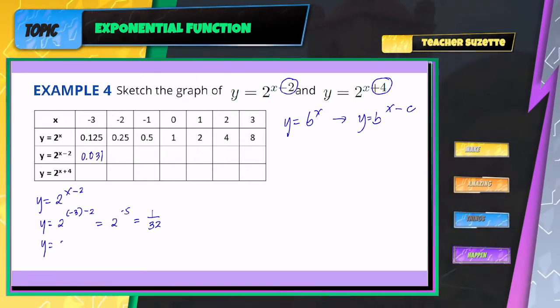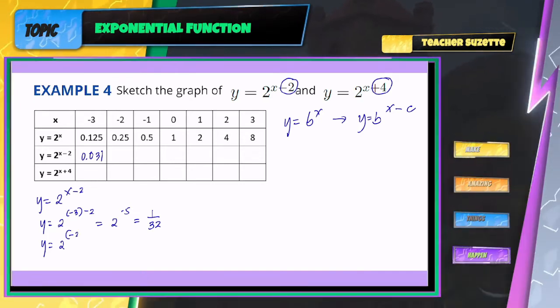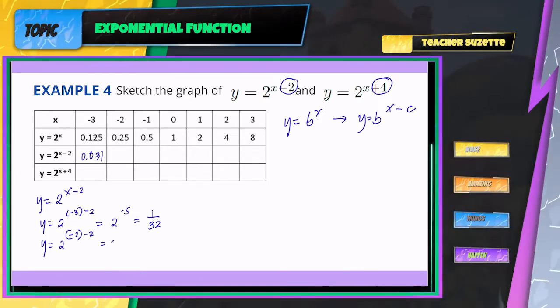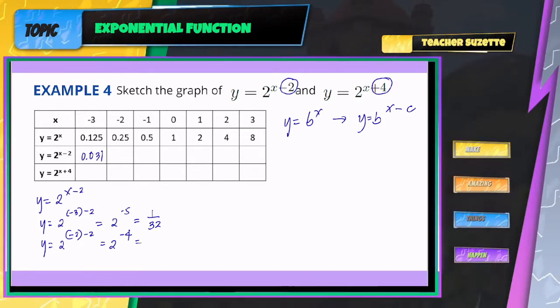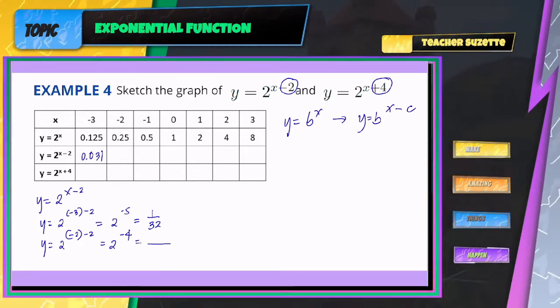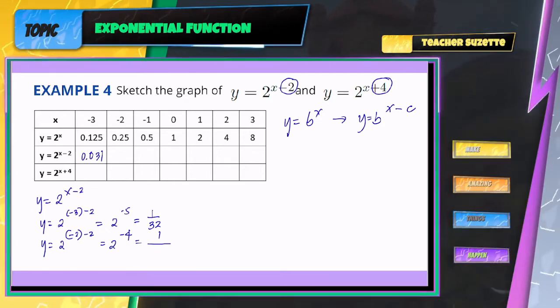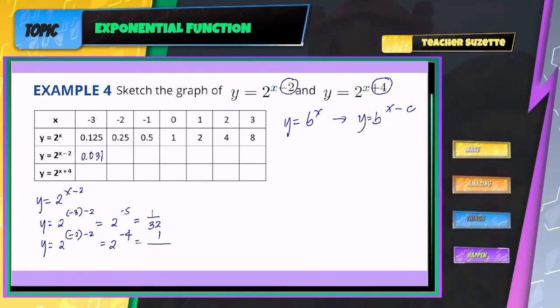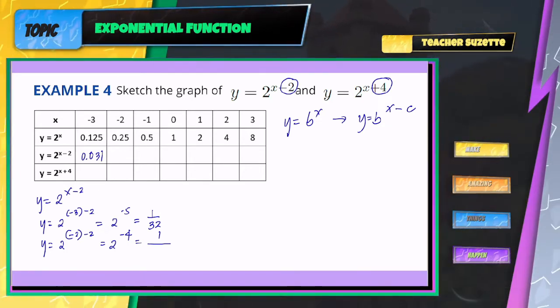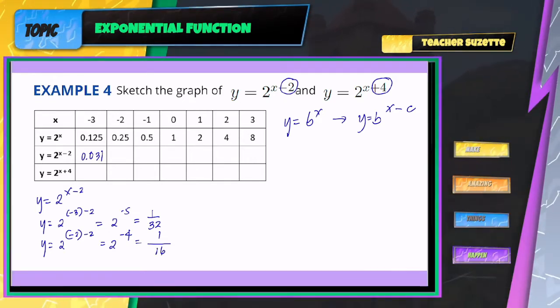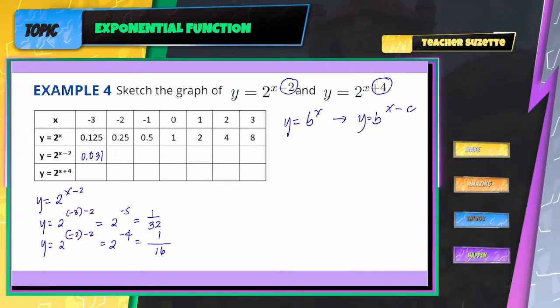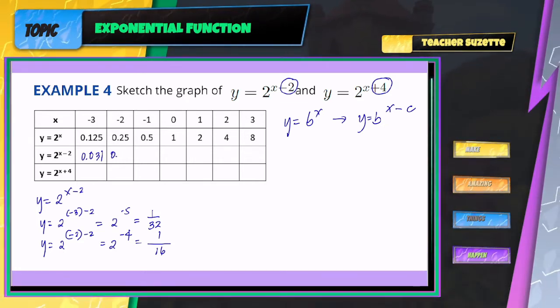Next, y is equal to 2 raised to negative 2 minus 2. And that is equal to 2 raised to negative 4. Get the reciprocal, so that is 1 over 2 raised to 4, and 2 raised to 4 is 16, so 1 over 16.